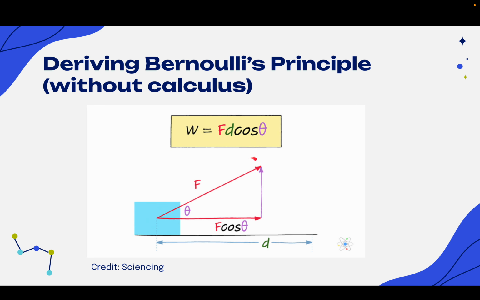So we take the horizontal component of the force, which we can get by F cosine theta. This theta is the angle between the force and the movement of the object. And we multiply that by the distance over which the force was applied. Hence, we get F d cosine theta for work.